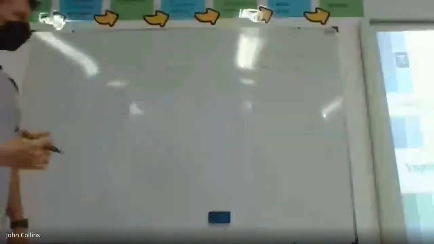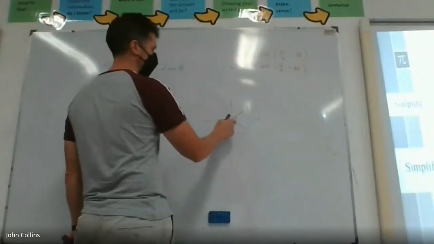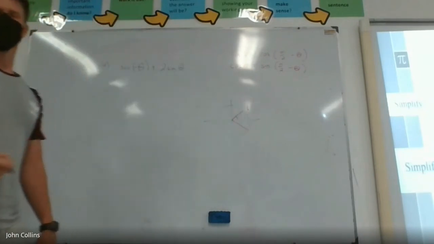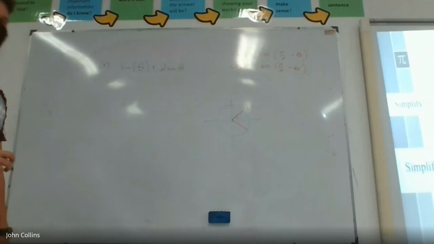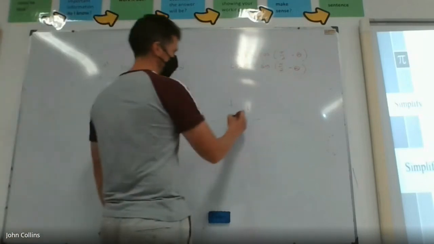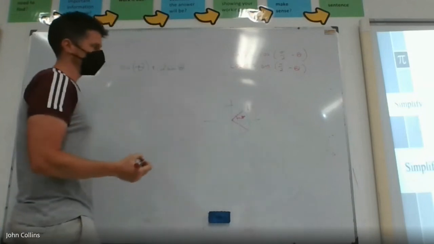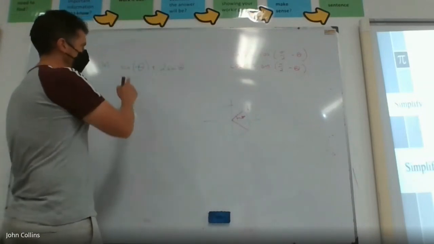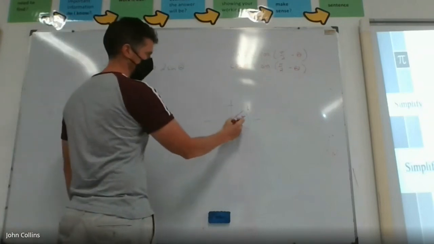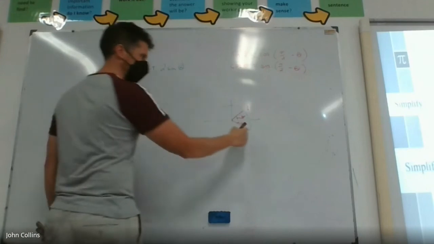Oh, I've forgotten again. What angle gives us sine a half? 30. 30, yep. So that's 30 degrees or pi over 6. Gives us sine a half. Now, sine negative theta would have to be, well, this would be negative 30 degrees or going backwards pi over 6. What would that value be here?